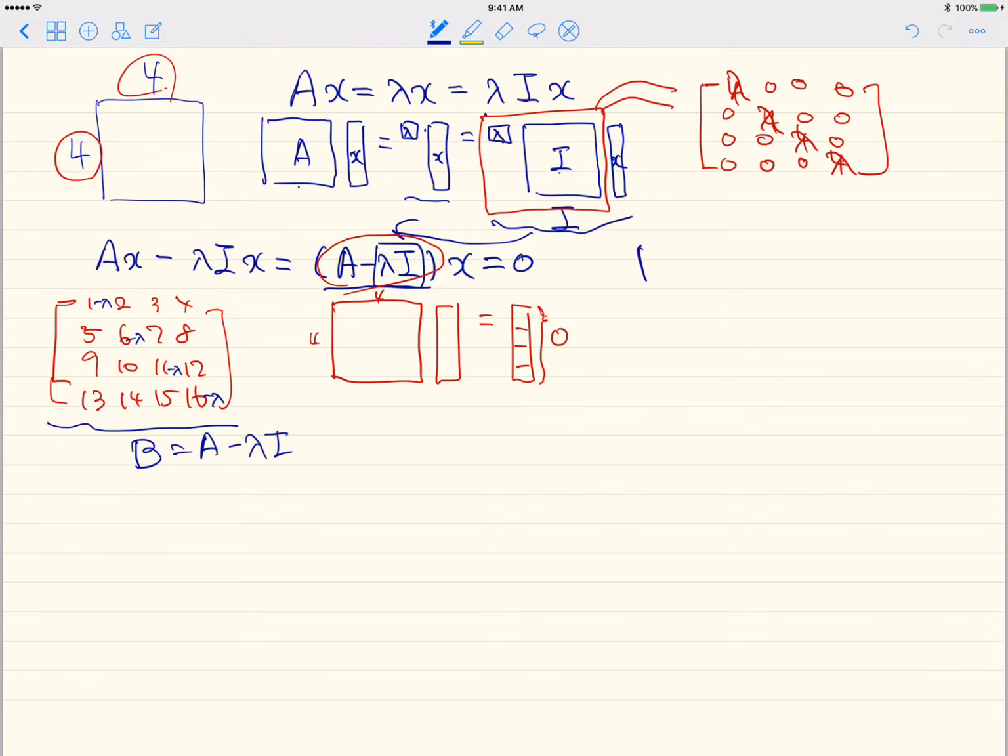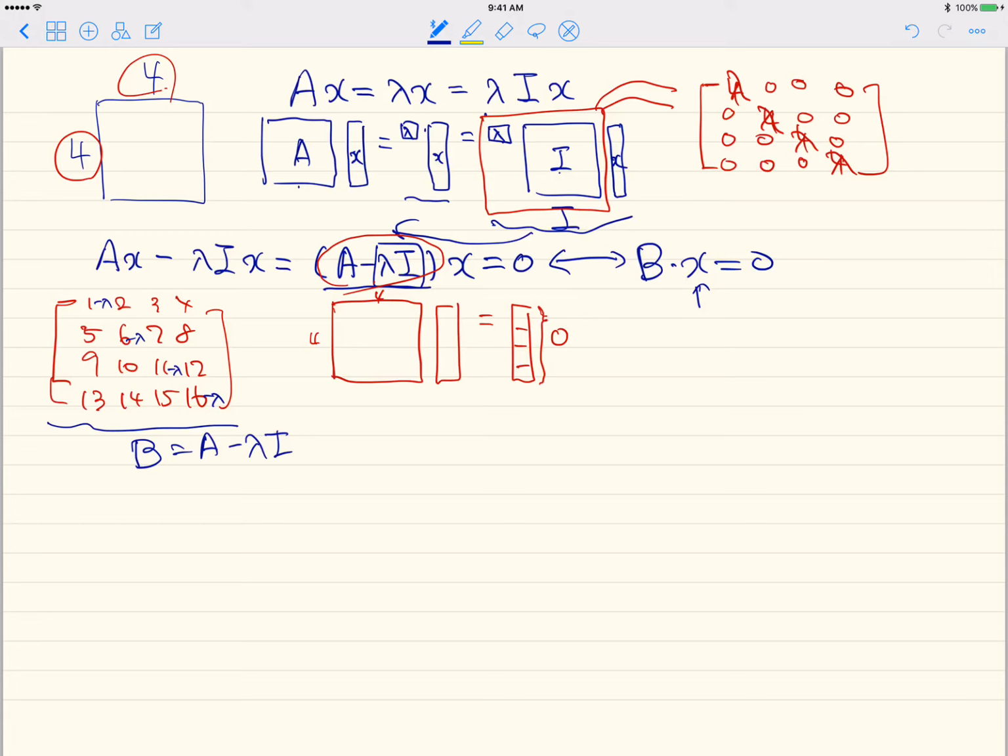And then B times X equals 0 is the same equation. And in this case, we can solve for this vector X. Can X be the 0 vector?